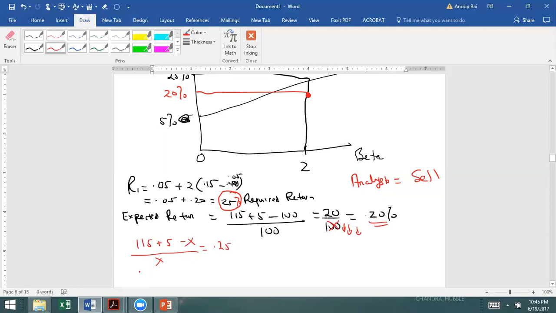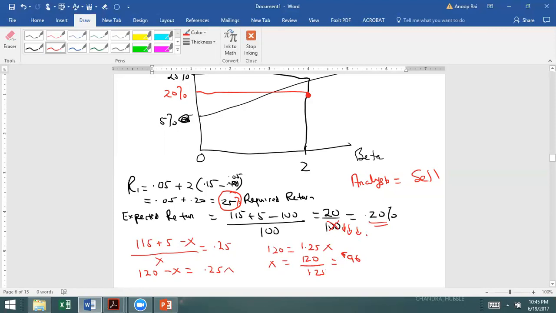Now I need to do a little bit of algebra. 120 minus x is equal to 0.25x, or 120 is equal to 1.25x, or x is equal to 120 divided by 1.25, and that will equal $96 at this point.